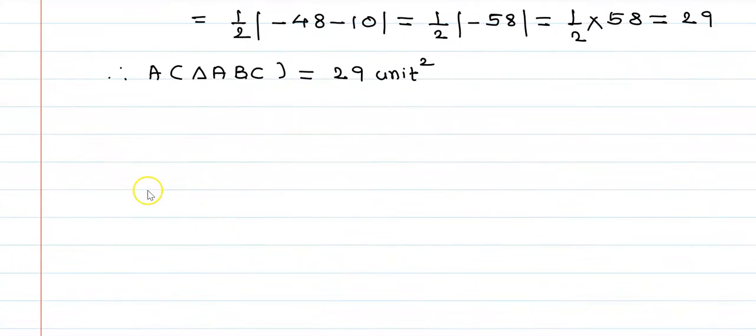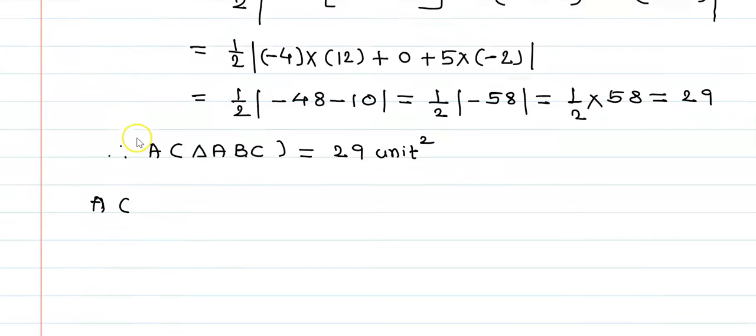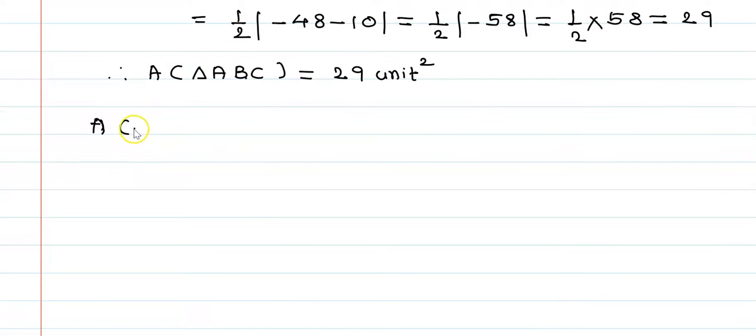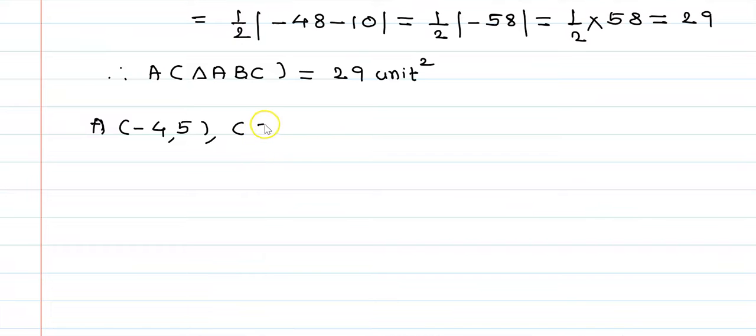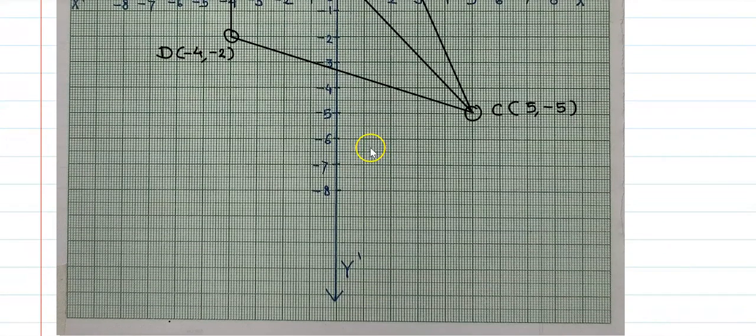Now we find out the area of triangle ACD. The first vertex A is (-4, 5), C is (5, -5), this is the C vertex, and D is (-4, -2).